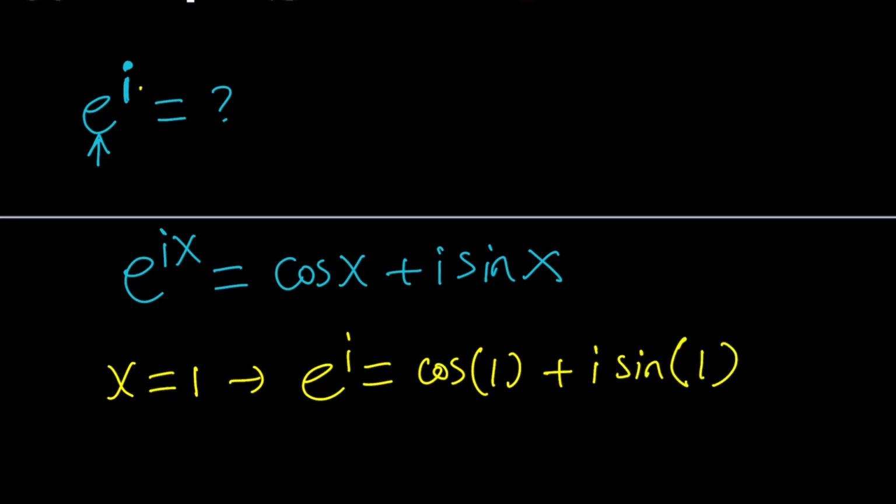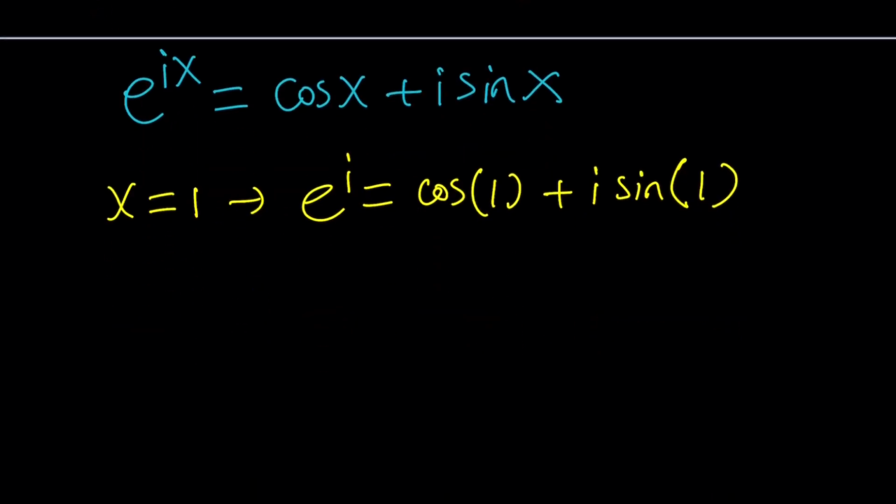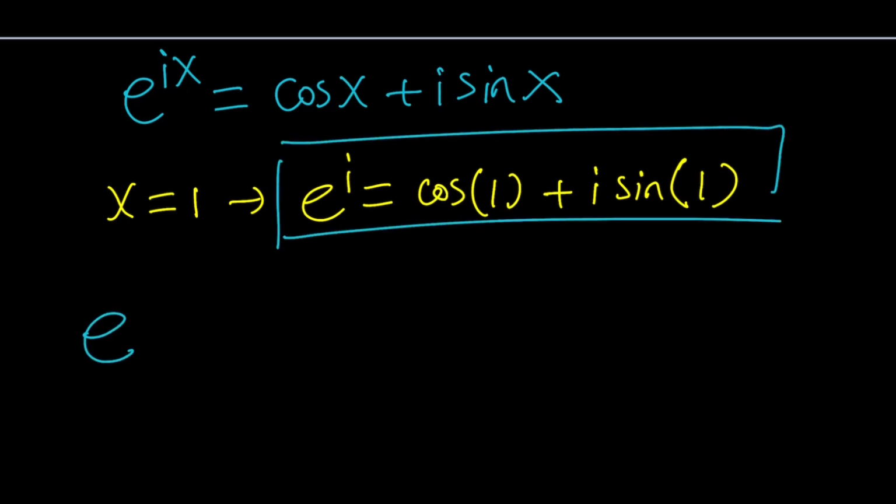Awesome. Great. We got e to the i, but how are we going to find e to the power i^i? Easy. We're just going to use this as an exponent. Since this is our new exponent, it's going to look like this: e to the power of cosine of 1 plus i sine of 1.